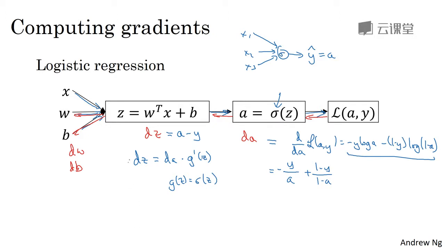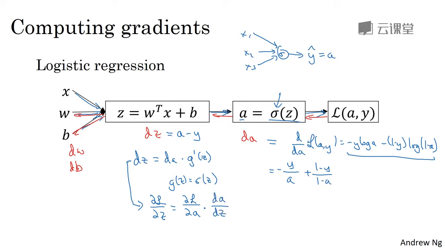And as an aside, only for those of you familiar with the chain rule of calculus, the reason for this is because a is equal to sigmoid of z, and so partial of L with respect to z is equal to partial of L with respect to a times dA dz.